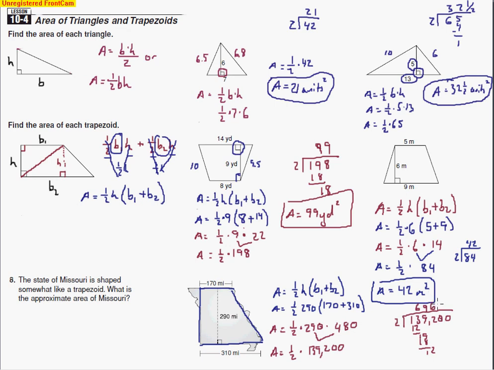And then we're just at those zeros that we just need to fill in. So there's our answer. Area equals 69,600, and then these are miles squared. So square miles. So large area there, 69,600 square miles is an approximate area.